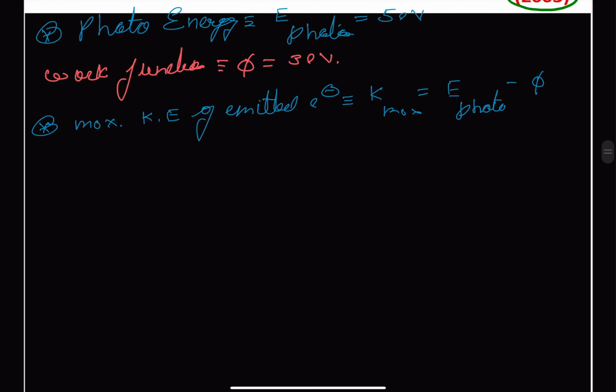Substituting the values, K max will be equal to 5 minus 3, giving us 2 electron volt.